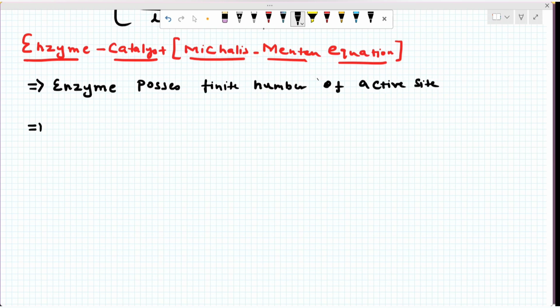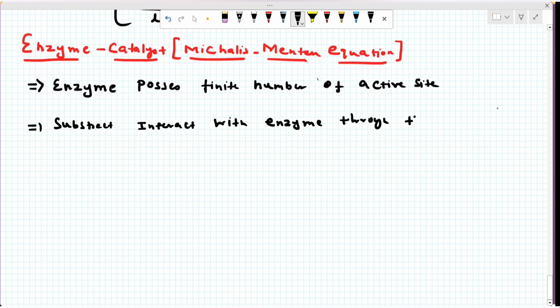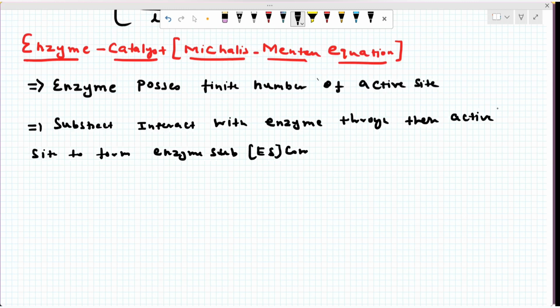Now, second point: the substrate interacts with the enzyme through the active site, through this active site, to form an active complex, to form the enzyme-substrate complex, that is the ES complex. Okay, please note, ES complex.